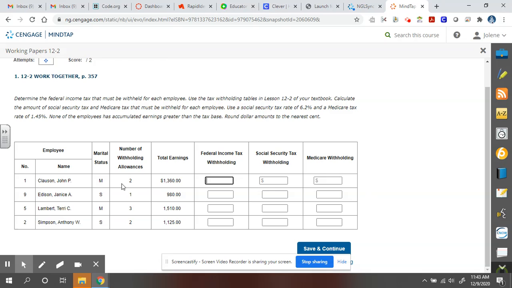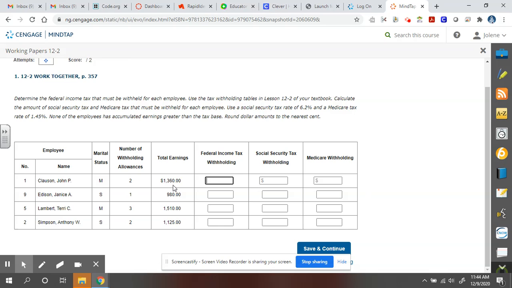He's married. He has 2 withholding allowances. So in this chart, I'm going to use the column that has 2 at the top. I'm going to find the earnings range for John. Down the side of the column, it has ranges of income.